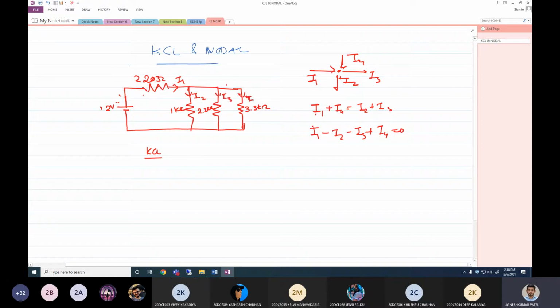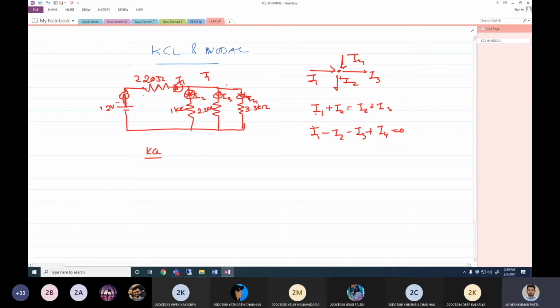First I am going to connect a meter in series with this line, either on this side or this side, or I can connect over here as well. In that case, the ammeter will show me the current I1. In the same way, we measure the current by putting the ammeter before each resistor, so I'll get I2, then I3, and then I4.